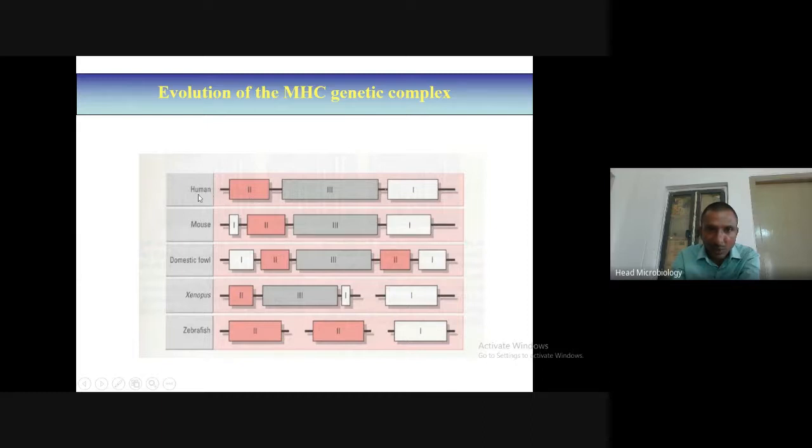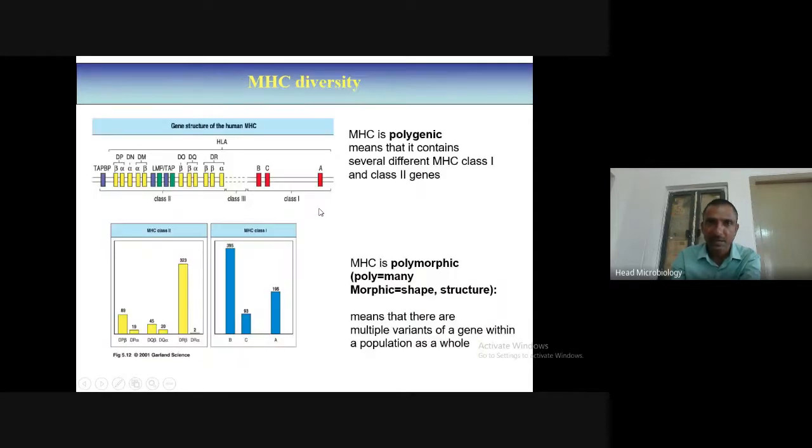Here is the evolution of MHC genetics. Comparing human and mouse, some sequences are similar with the mouse, but in xenopus and zebra fishes they are not similar to our major histocompatibility complexes, though the mouse histocompatibility is similar.